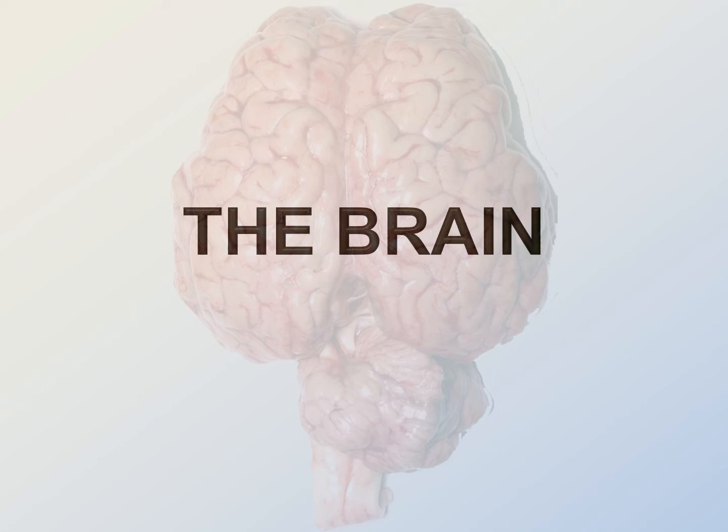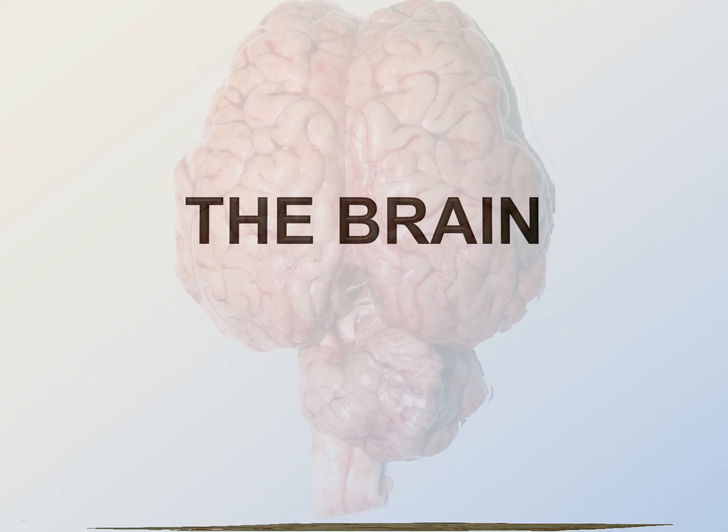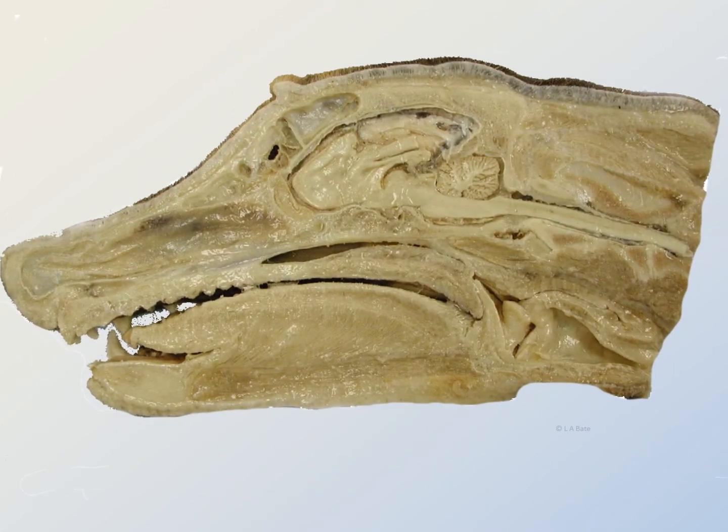Let's now look at the brain and its components. The brain is made up of the telencephalon or cerebrum, which in turn is divided into 2 hemispheres, and these are divided into the anterior and posterior lobes.